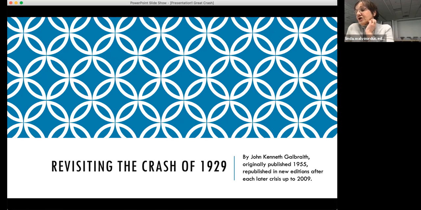Looking at the middle of page 90, from the foregoing that he's just been through, it follows that the crash did not come, as some have suggested, because the market suddenly became aware that a serious depression was in the offing. A depression, serious or otherwise, could not be foreseen when the market fell.